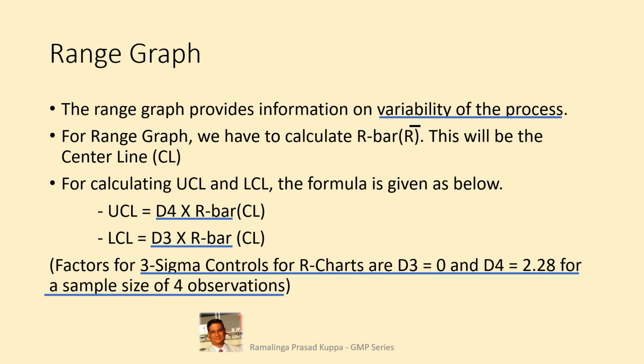UCL and LCL are calculated as given below. Factors of D3 and D4 are statistically derived figures. We are taking these factors as such and it is not discussed in this video in detail how these figures are derived.